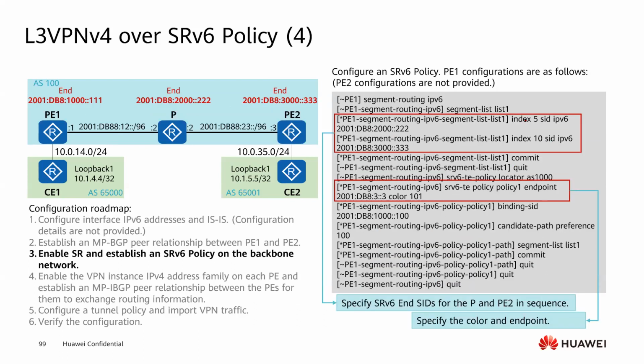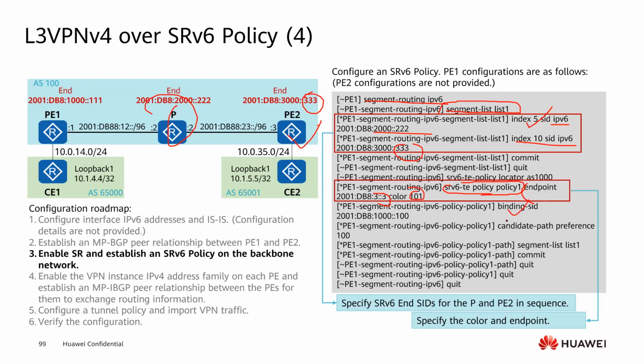And you can set the path, the segment list. This is the path. It indicates 5 is the SID IPv6, which means this device, and then the next hop will be 33, which means this device. Then create an SRv6 policy. The policy is named 1, the endpoint is 3::3, which is this device, and the color is 101.